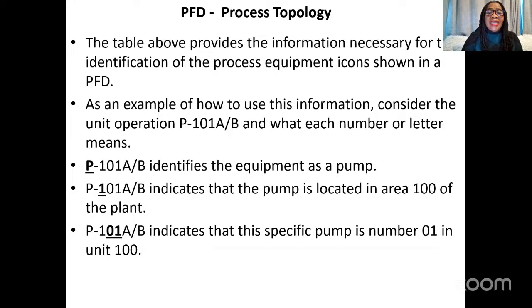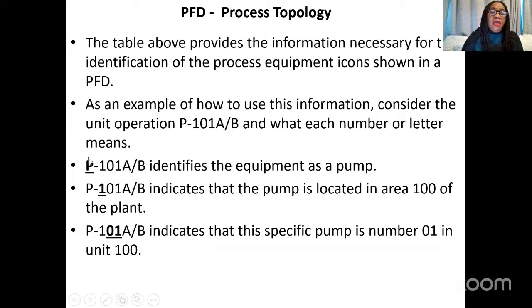P shows that the equipment we're talking of is a pump. If you go to that PFD, you will see P, and that shows that that is a pump, and you will see the description also.